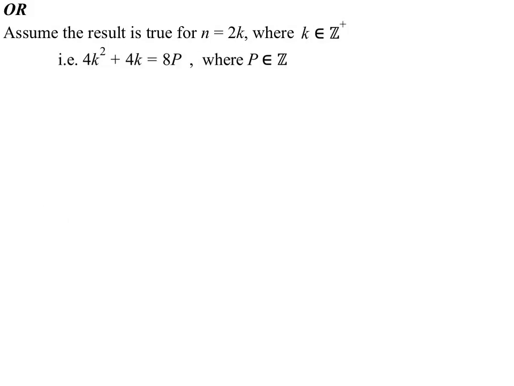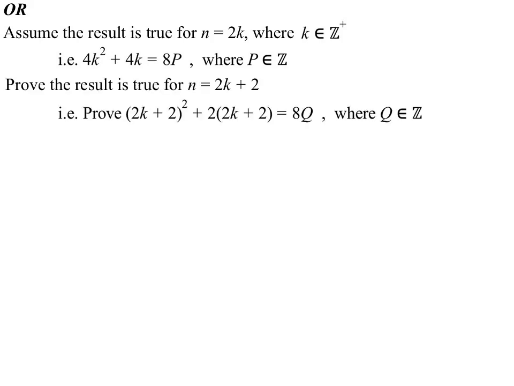Of course, another way you could approach that, I'll just jump straight to the assumption. Instead of assuming k is an even number, I could still use positive integers, but instead define n to be 2k. And that forces n to be an even number. So it's still then 4k squared plus 4k is 8p, but now prove true for the next one, well the next even number would be 2k plus 2.